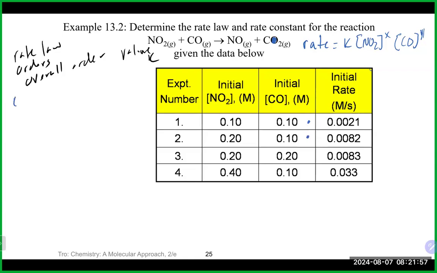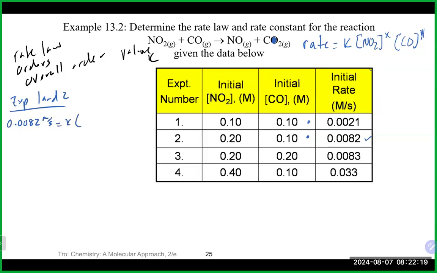So if we look at experiments 1 and 2, again, we're going to take the larger rate on top. You don't have to do that, but it gets you a little bit nicer number sometimes. So I'm going to put number 2 up on top. And what I'm going to do is put all the information for experiment 2 up on top.